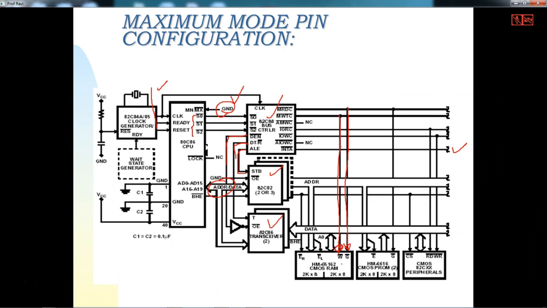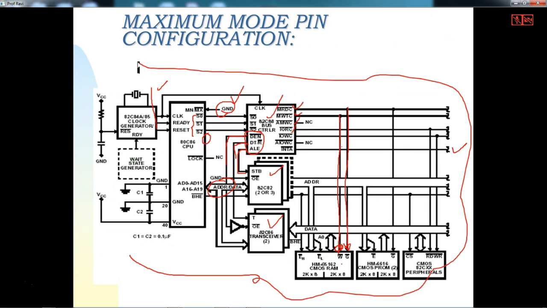Because there is no ALE pin directly available with 8086 in maximum mode, we generate these signals by using the 8288, which is called the bus controller. It generates ALE, data transmit, data enable, memory read, memory write, IO read, IO write and interrupt acknowledge. So we generate these signals, interface memories, and design a system like this using maximum mode of operation.